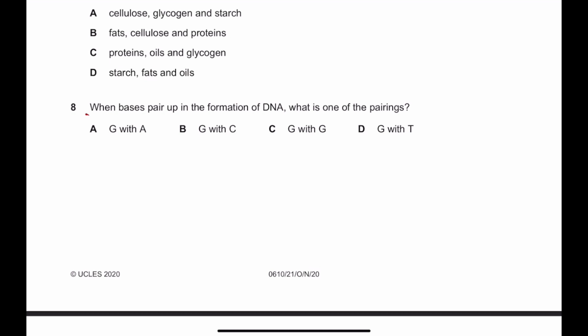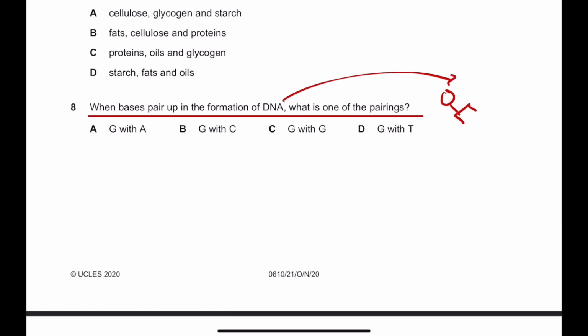Number 8. When bases pair up in the formation of DNA, what is one of the pairings? So DNA is made of many nucleotides. Each nucleotide has a base, and there are 4 types of bases.